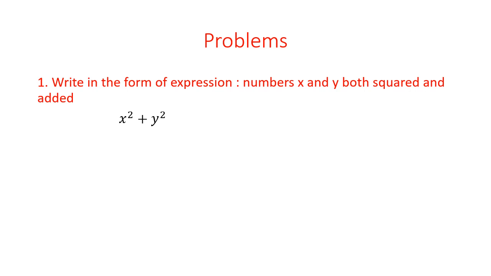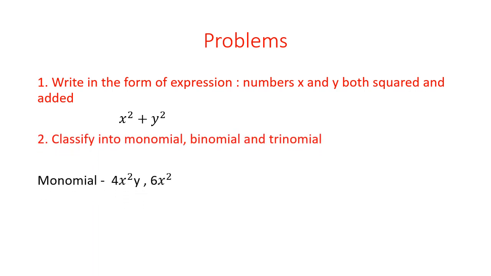Okay. The next problem: classify into monomial, binomial and trinomial. Some expressions were given and we want to classify them as monomial, binomial, trinomial. See, first 4x square y, 5xy minus x square plus 7, 7xy minus 9, 6x square, 5x square plus 12y square. So 1, 2, 3, 4, 5: five expressions were given.